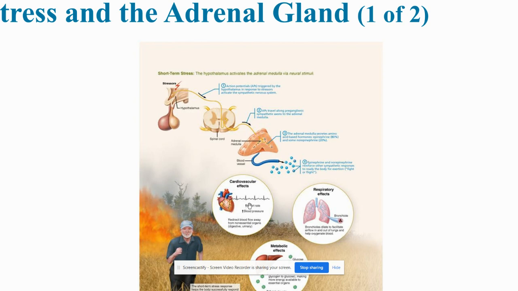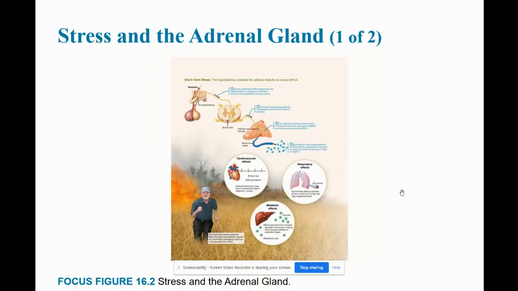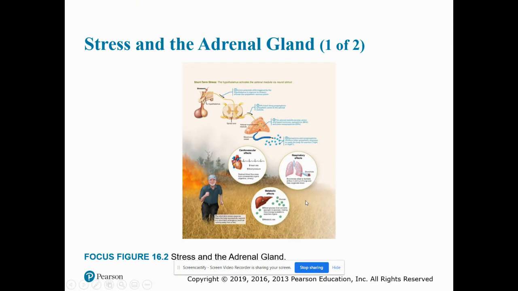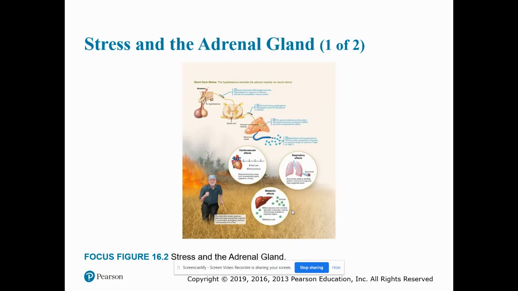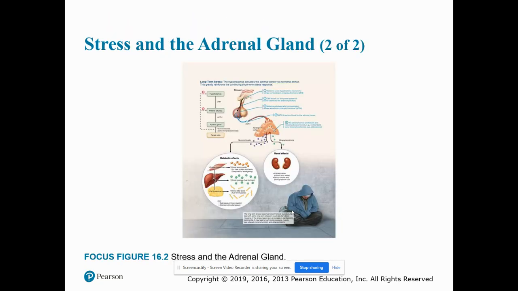And then we have cardiovascular effects, which would be to increase heart rate, increase blood pressure, and bronchial dilation to help oxygenate the blood. We have some metabolic effects: to increase blood glucose, which is just going to give us more glucose available, and increased metabolic rate. And then I left this in here as well, and you can go over that one.